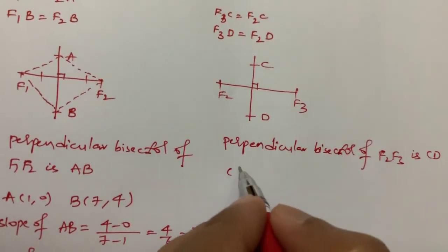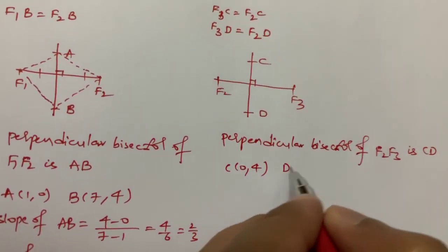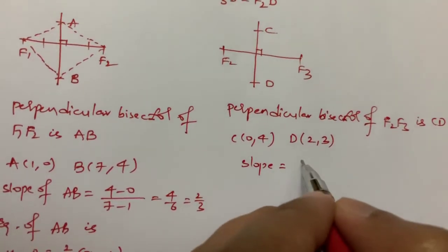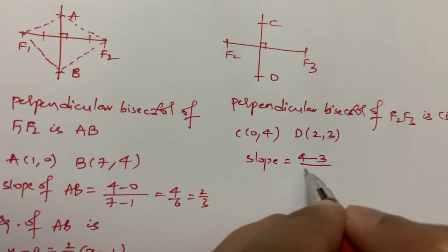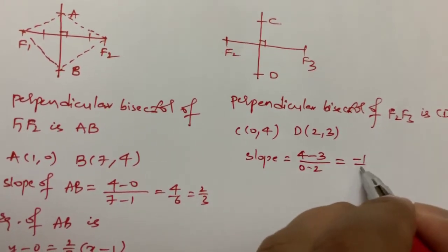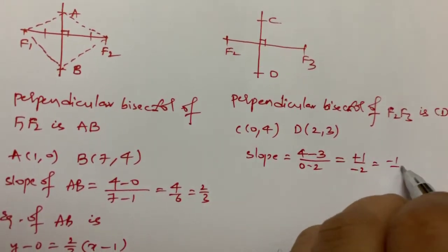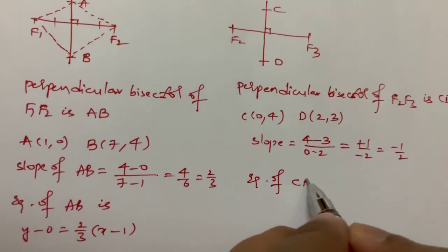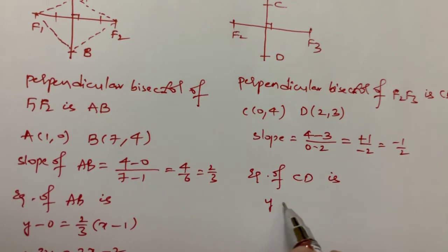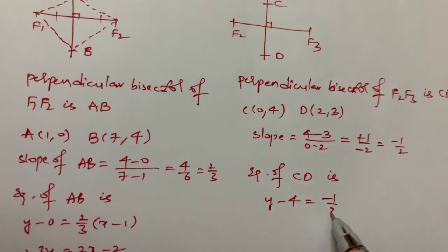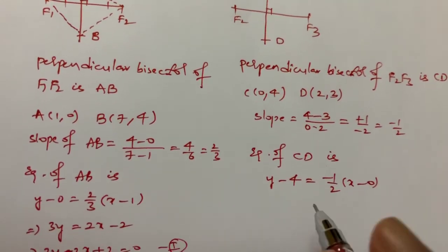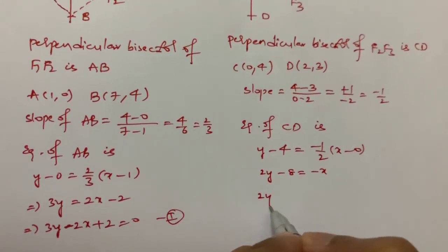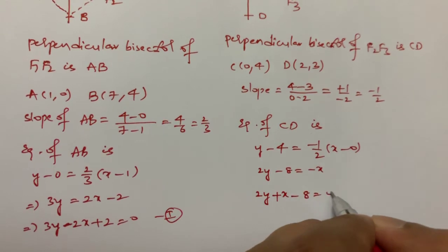So C is (0, 4), D is (2, 3). So slope is equal to (4 minus 3) by (0 minus 2), which is 1 by minus 2, which is minus 1 by 2. So the equation of CD is y minus 4 is equal to minus 1 by 2 into (x minus 0). So 2y minus 8 is equal to minus x. So 2y plus x minus 8 is equal to 0.